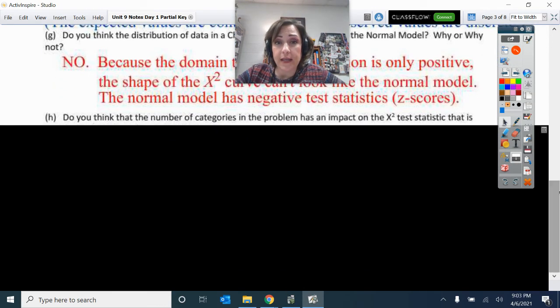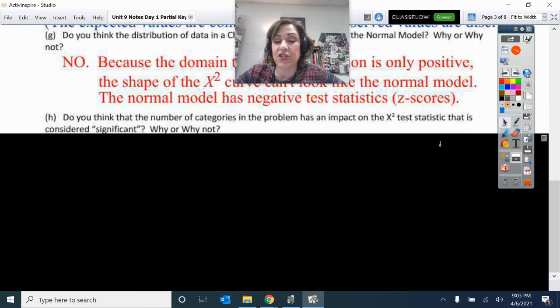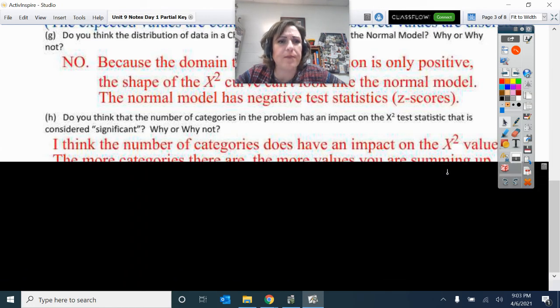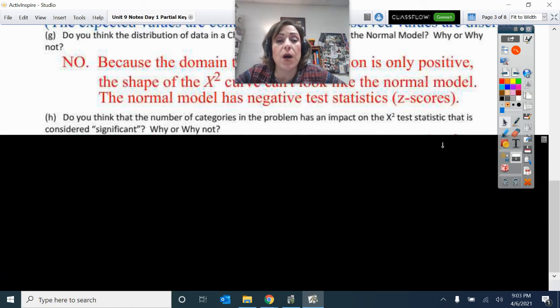Do you think that the number of categories in the problem has an impact on the chi-squared test statistic that is considered significant? Why or why not? In our problem, we had 6 different colors of M&Ms.